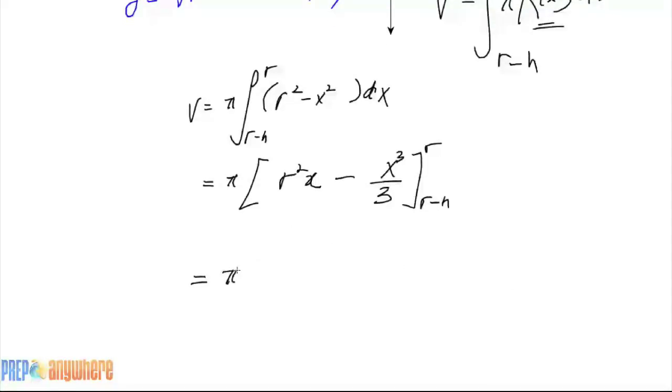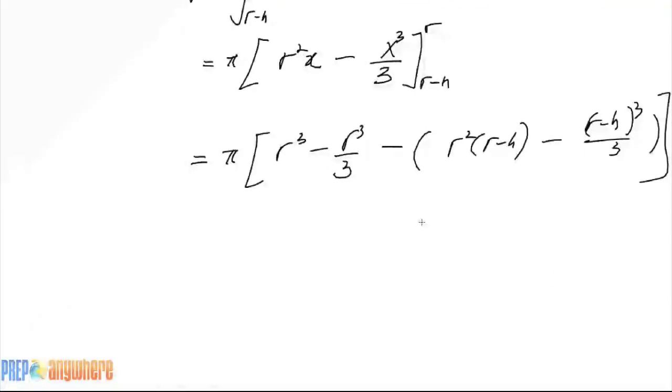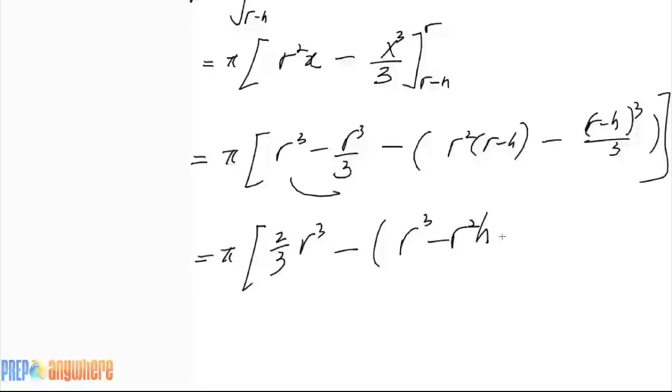Okay, so just plug it in now. You get r cubed minus r cubed over 3. You get r minus h squared, r squared times r minus h, and then r minus h cubed over 3. Combine these two and you get 2 over 3 r cubed. And then here we're going to get r cubed minus r squared h.